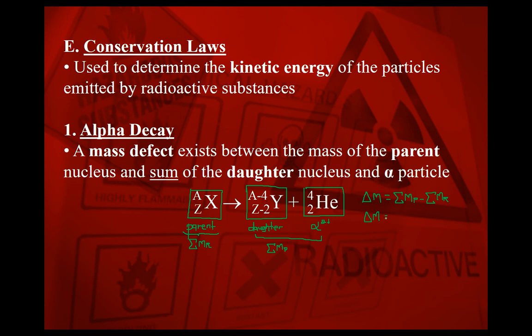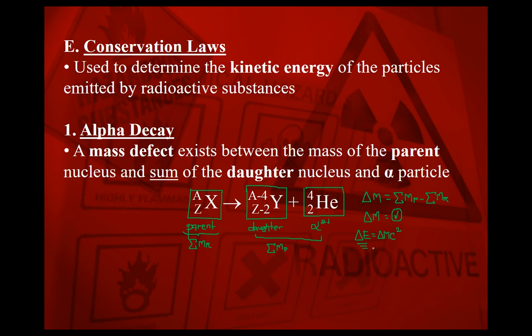And we do indeed get a mass defect when this happens. So the mass of the daughter nucleus and the alpha particle is a little bit less than the parent isotope. Now, what do you think the mass defect is going to correspond to? Well, according to Einstein's mass-energy equivalence, we could calculate delta E. Delta E would be the mass defect multiplied by c squared.